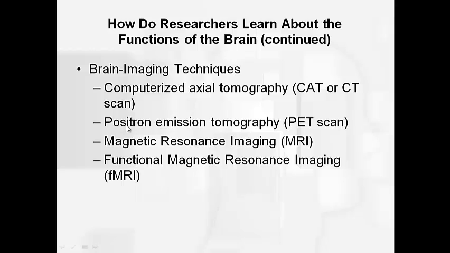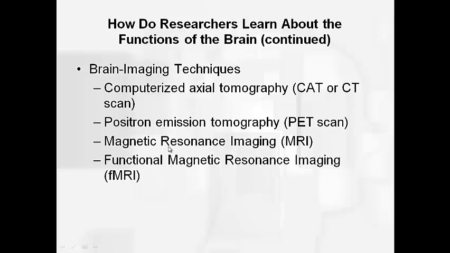PET scan and fMRI are both useful in terms of relating structures to function, because in both the PET scan as well as in functional MRI we can make a connection between the activity of the brain and the function of that particular individual, whatever it is that they are doing.